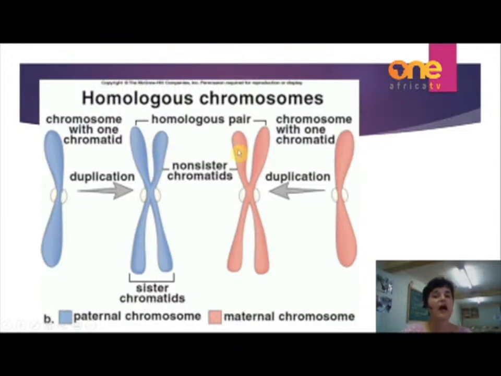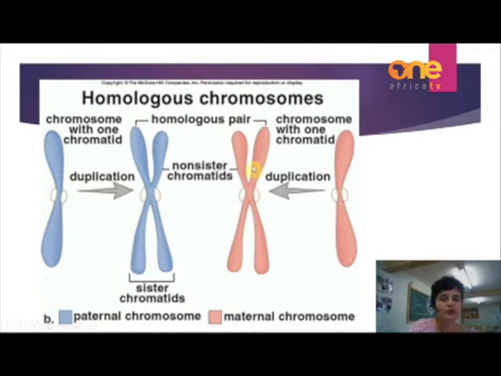On this side, I also inherit from my mother hair color, but it is now doubled, muscle strength, and the shape of my ear. Yes, and when I have these two, they find each other and they will form a homologous pair.